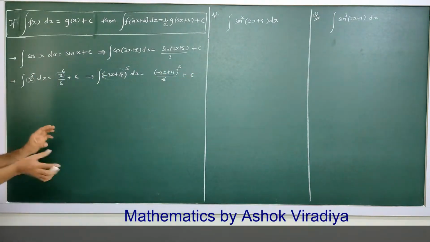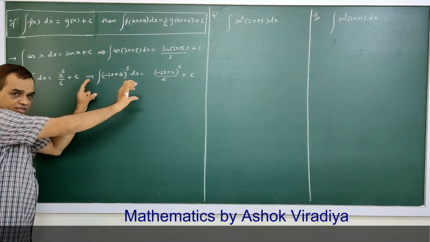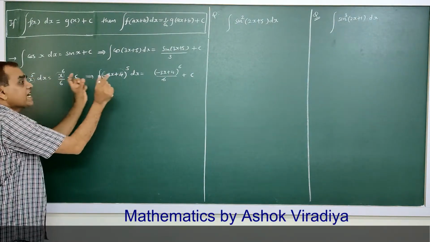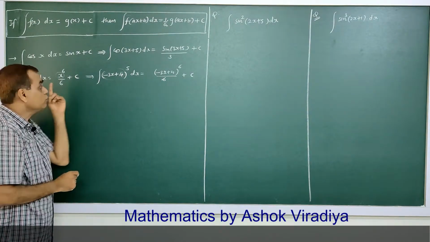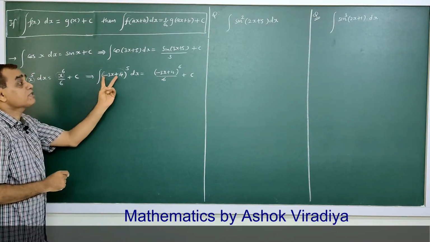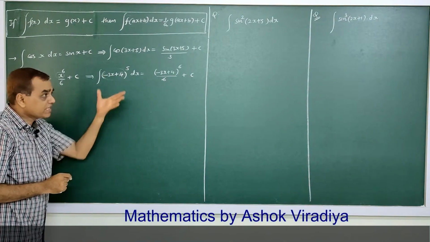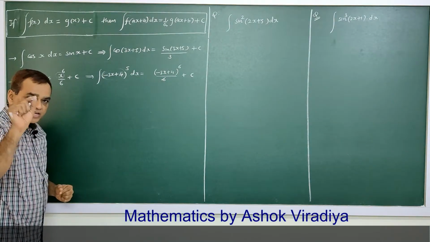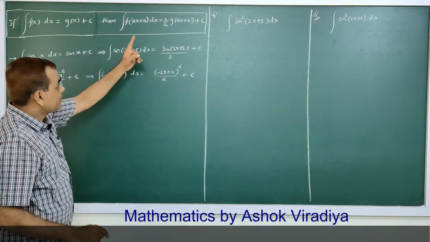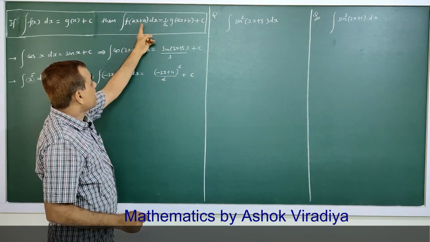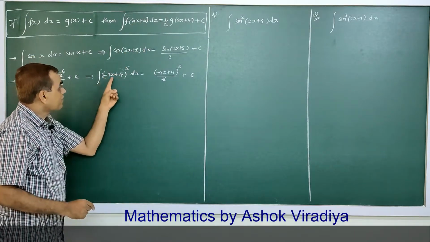So first of all, direct application: replace x by ax plus b. But it is not correct, because the rule is for x raised to n, not ax plus b raised to n. So to make this correct, what is the extra number we have to join? Divide by the coefficient of x. What is the coefficient of x here?